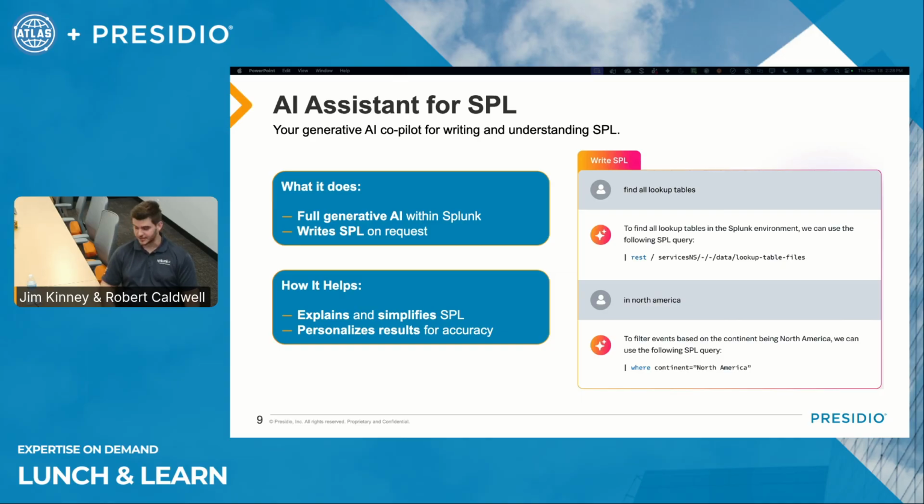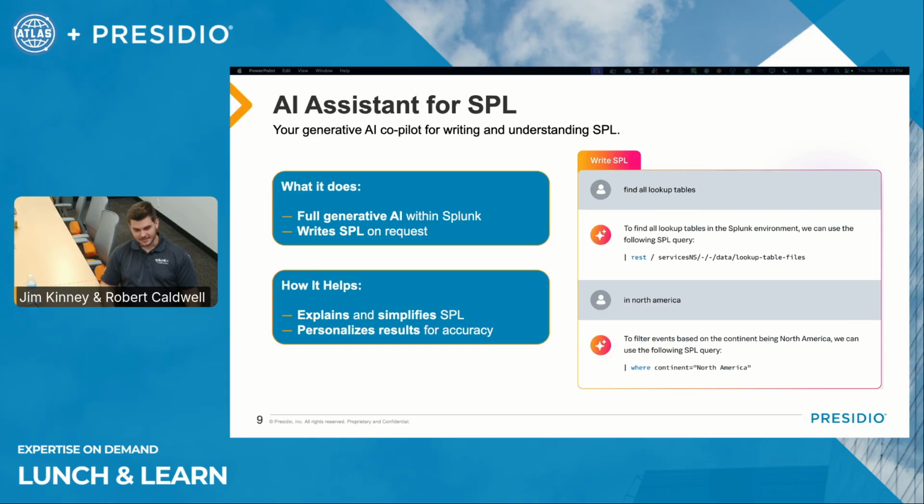So this solution is built to save you time, accelerate learning, and get everyone productive. The AI assistant for SPL is built to stop you from having to research every single command. You no longer have to manually split up searches and test them. There's no more hunting through documentation pages, and you can ask for a search and launch it directly from the AI assistant, making it actionable immediately.